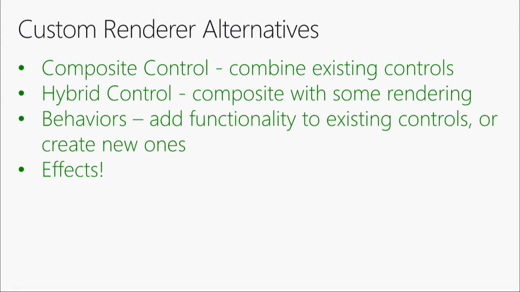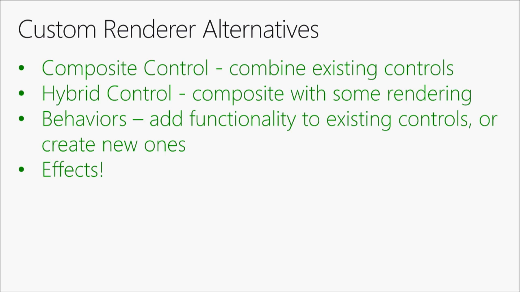The first is this idea of a composite control. If, for example, I want a control that is made up of other controls. So what do I mean by that? Let's say you have a box view, and inside of it, you want to place a label and a button.